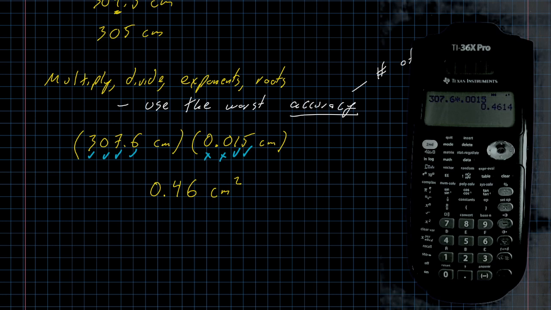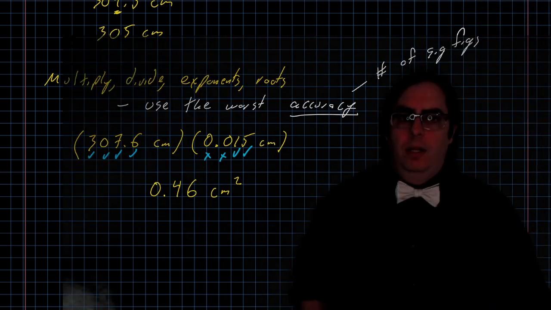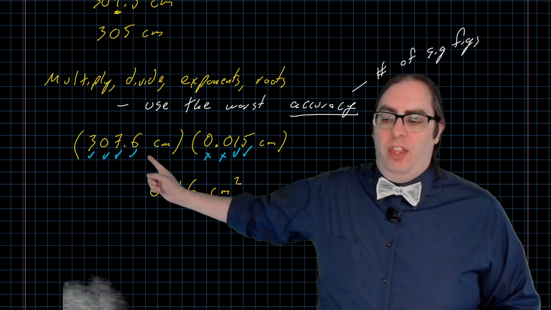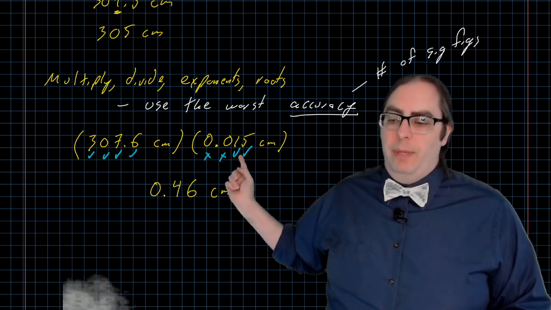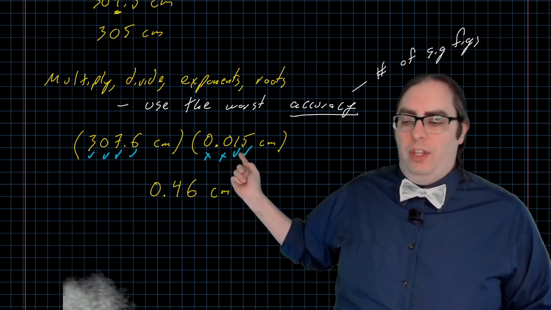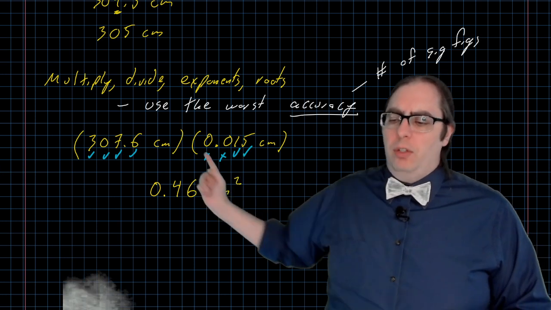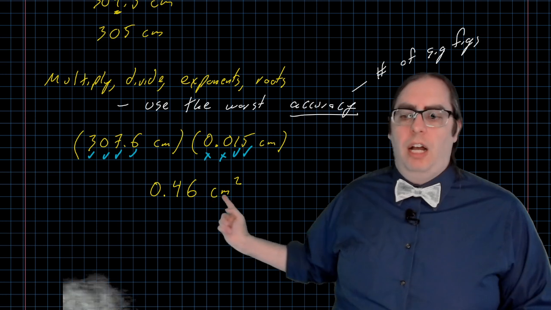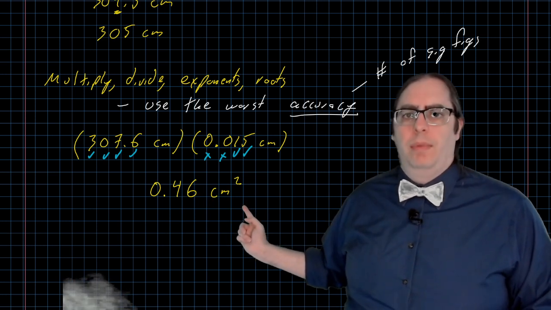Again, that's why we have to use the accuracy and not the precision, right? This measurement is rounded to the nearest tenth of a centimeter. This measurement was rounded to the nearest thousandth of a centimeter. Neither of those have any relationship to the nearest hundredth of a square centimeter.